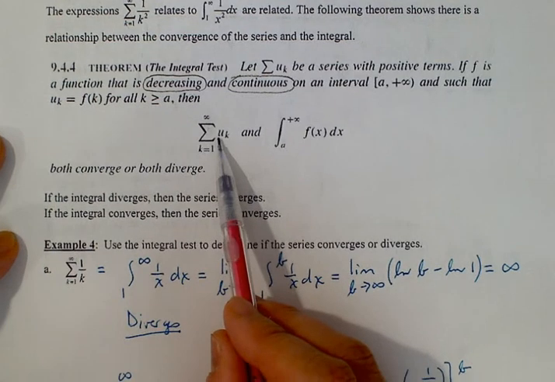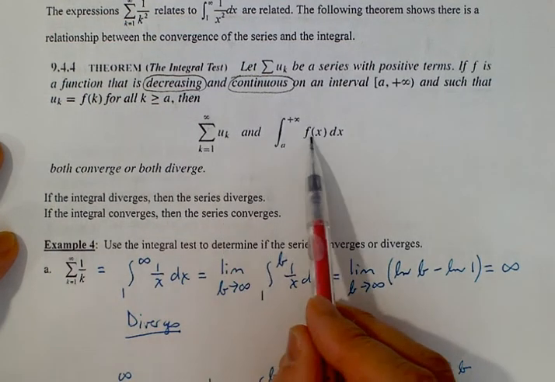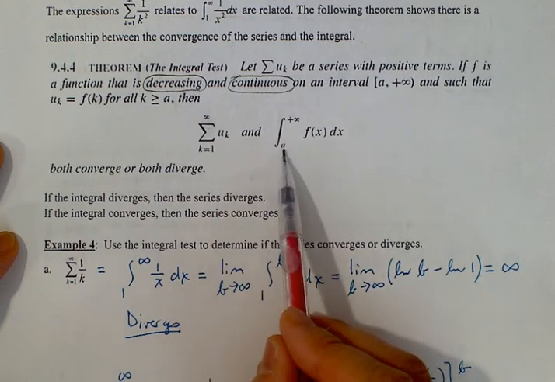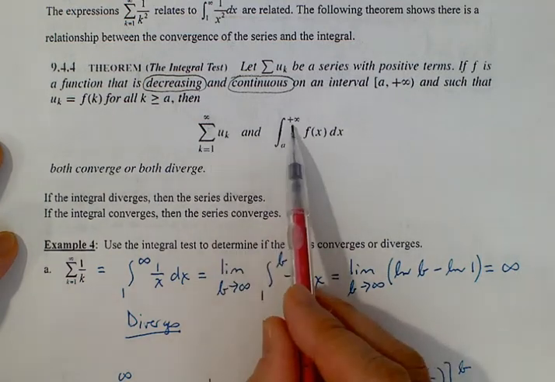The kth term you can write as f of x, the lower bound becomes whatever your lower bound in the sigma is, and the upper bound is infinity.